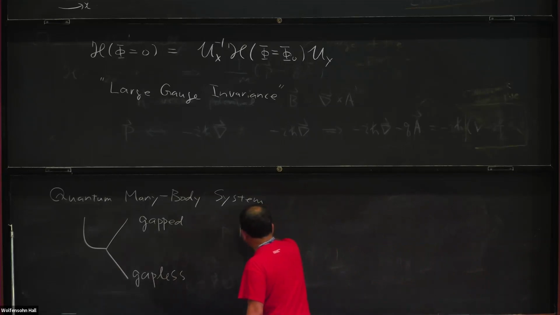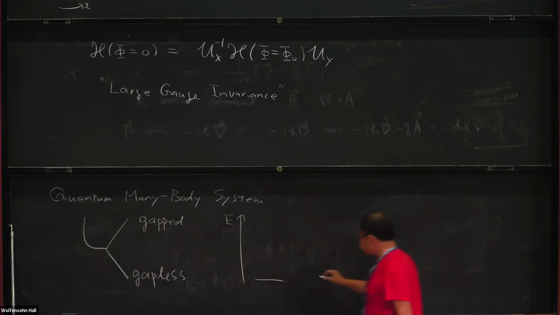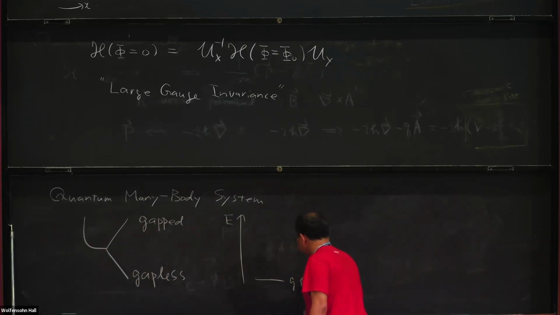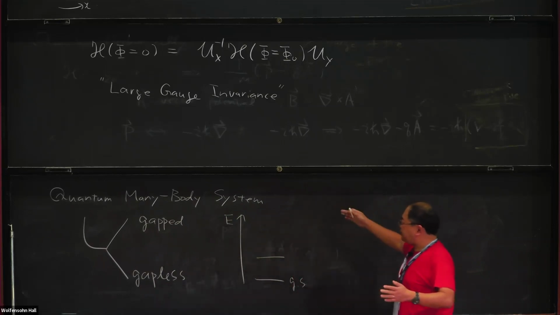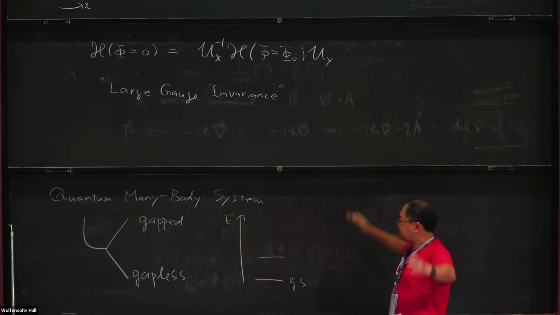That is, you have energy eigenvalues, and you always have a ground state. By quantum many-body system, I'm interested, at least eventually, in the thermodynamic limit, the infinite system size limit.